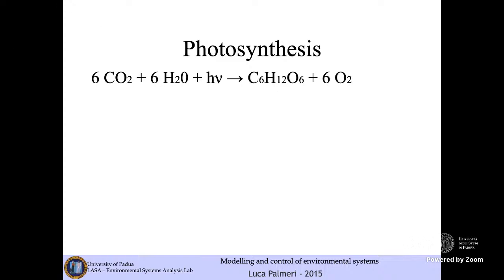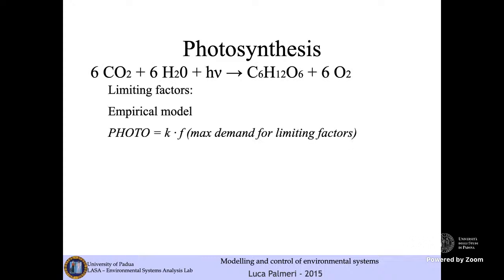In general, we have a process that converts carbon dioxide into oxygen, leaving as a product carbohydrates or sugars, if you want, and oxygen gas. And this is mediated by the presence of photosynthetically active radiation, so light in the visible spectrum, solar radiation in the visible spectrum.